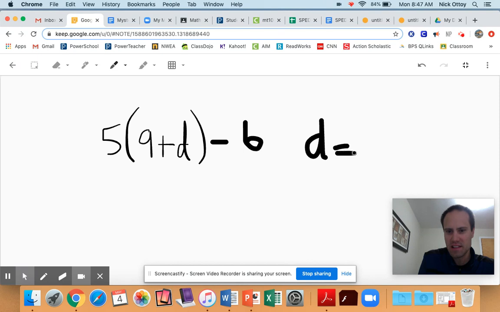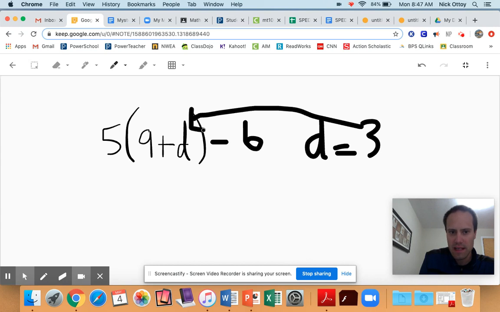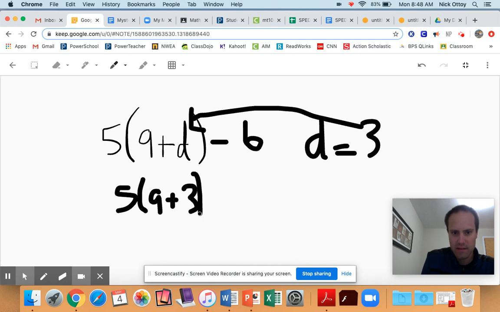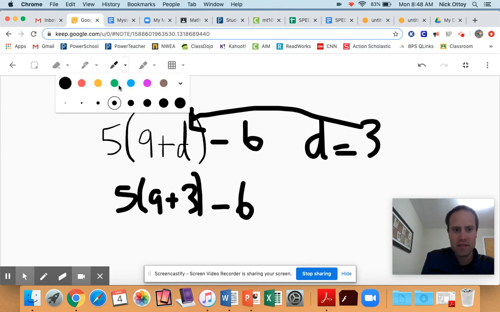On your guys' assignment, it's going to tell you what the letter equals. So we have to plug 3 in for D. Okay, and so I'm going to rewrite this. 9 plus 3 minus 6. Now, you can do this a couple different ways.